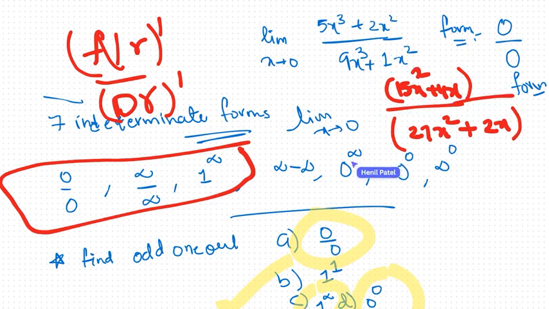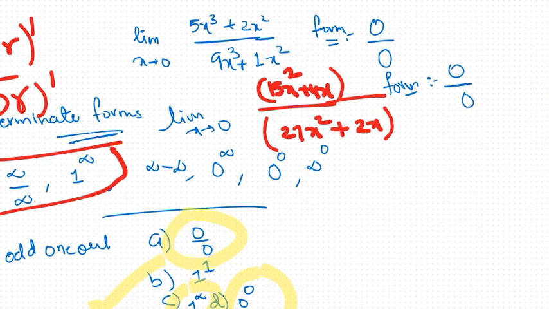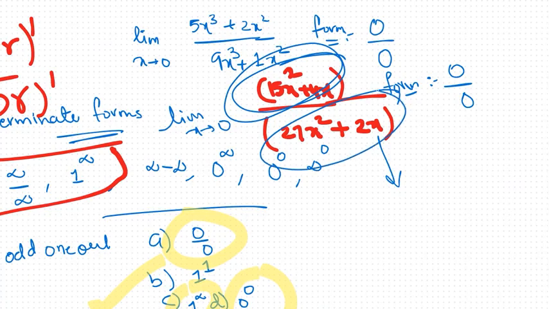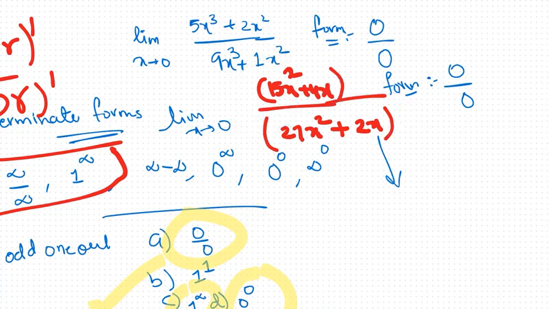So in the second step also, you are getting the form 0 by 0, correct? That means we have to continue with our process. We have to take the derivative of this one again and divide by the derivative of this one again.